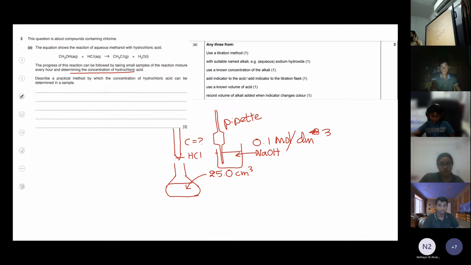So describe a practical method by which the concentration of hydrochloric acid can be determined. A conductivity meter is also an acceptable answer because none of the other substances give you acid ions.